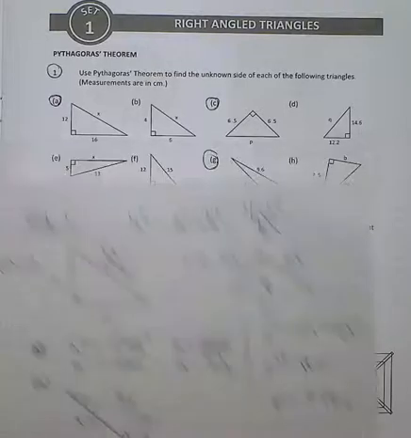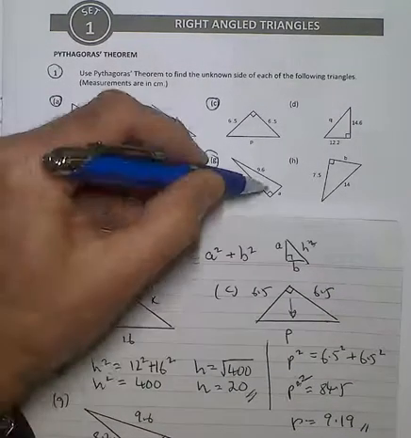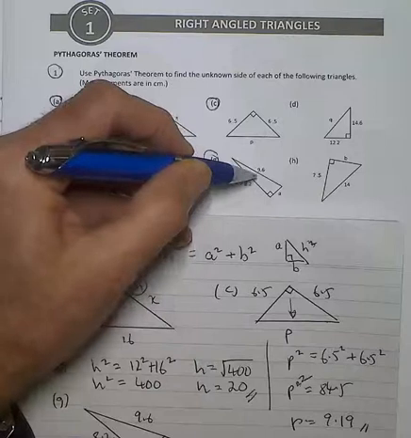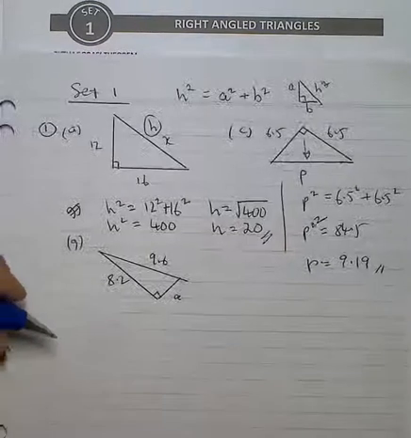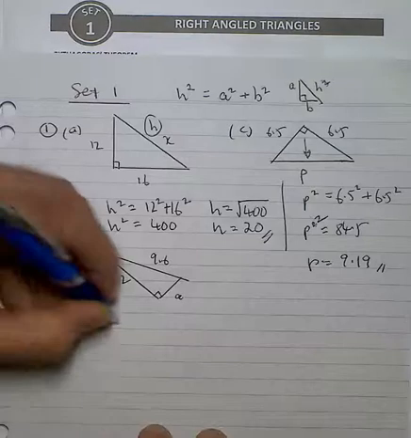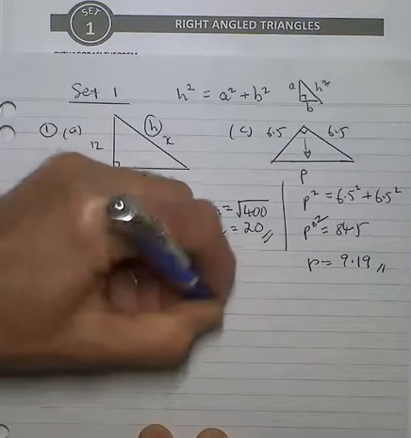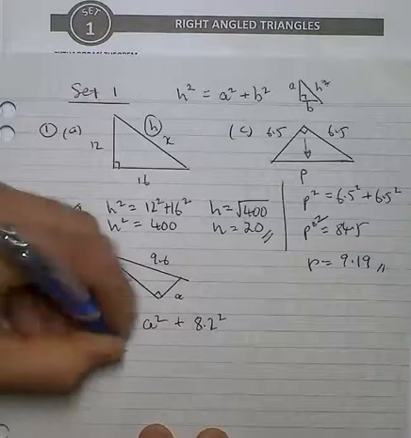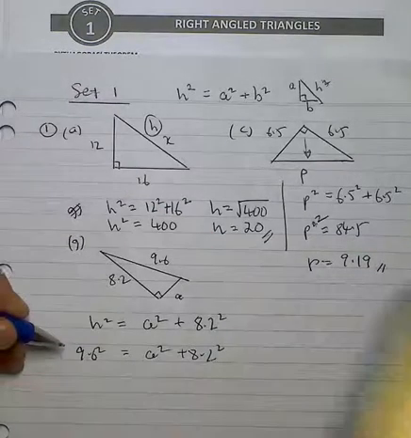Looking on to G, you'll see we've got a much skinnier looking triangle, but clearly the hypotenuse is the 9.6. We're identifying side length A. So I've just redrawn that for you. I'm going to find the square of those two sides.